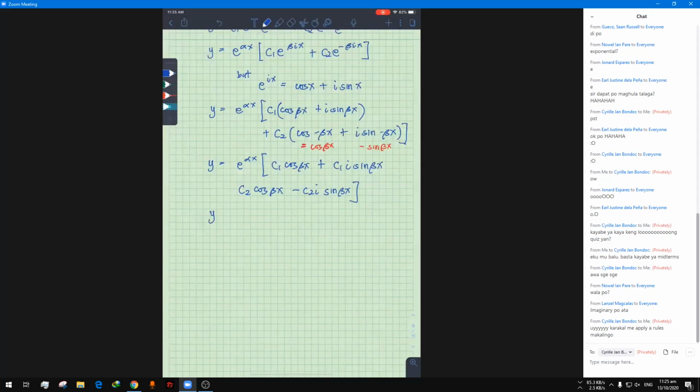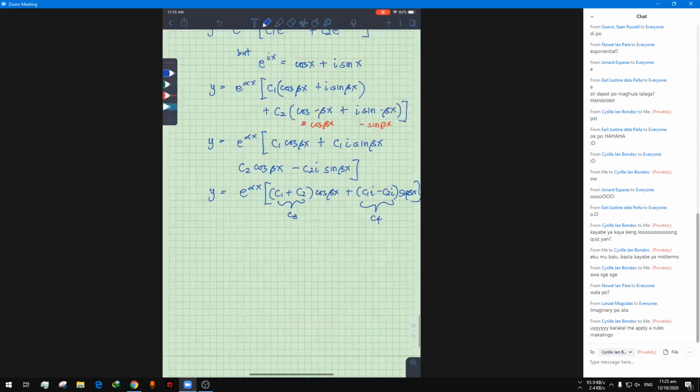So, y then would be equal to e alpha x. So, pwede na nating i-factor out yung pares na cosine. Magkakaroon tayo ng C1 plus C2, times cosine beta x, then plus C1 i minus C2 i times sine beta x. Kaya lang, C1 and C2, it's the same as another constant. This is another constant.